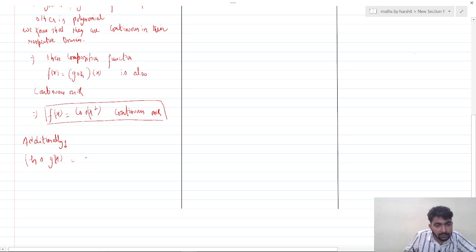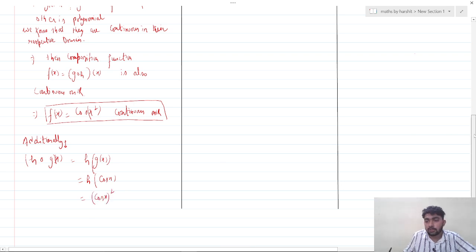H of g of x is our cos of x whole square. Okay. How we can find? See how we can find. I will write here h of g of x, and here you have h of, what is our g of x? Cos of x. And this is your x square, so here we get cos of x whole square.